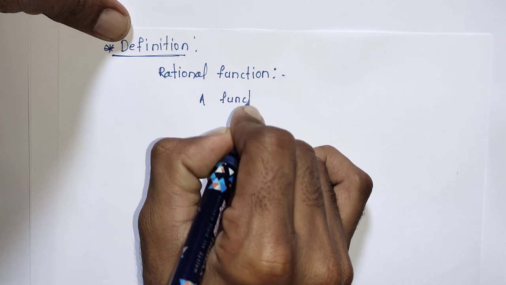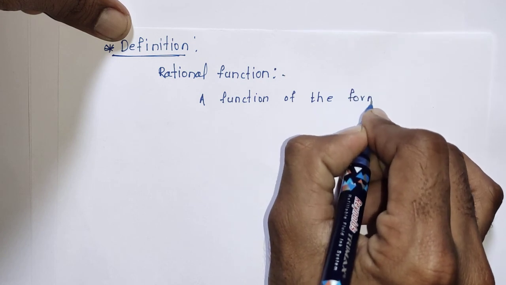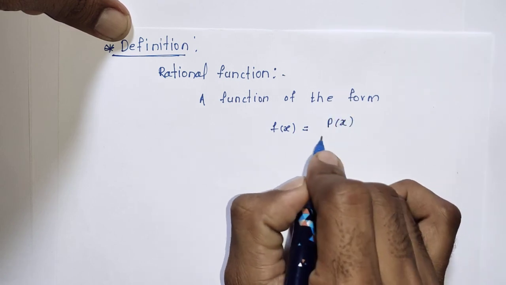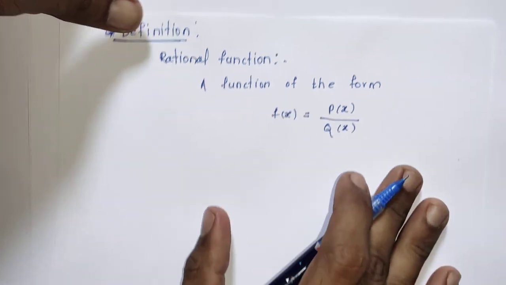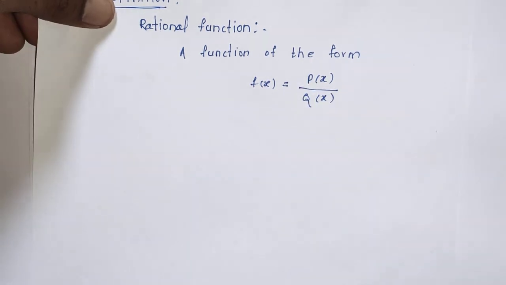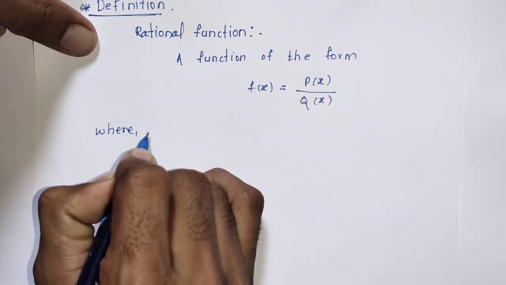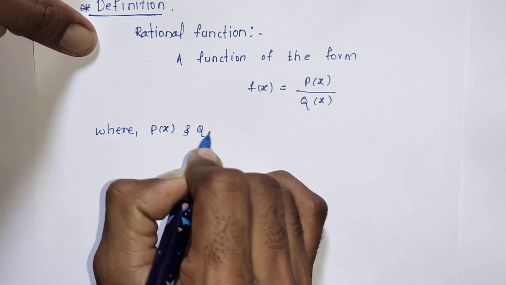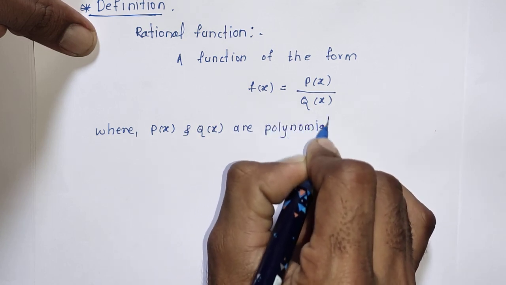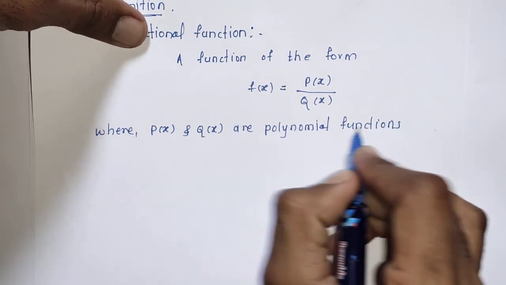A function of the form f of x is equal to p of x upon q of x, where p of x and q of x are polynomial functions, is called a rational function.